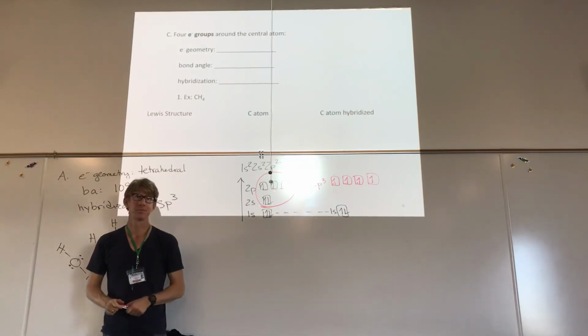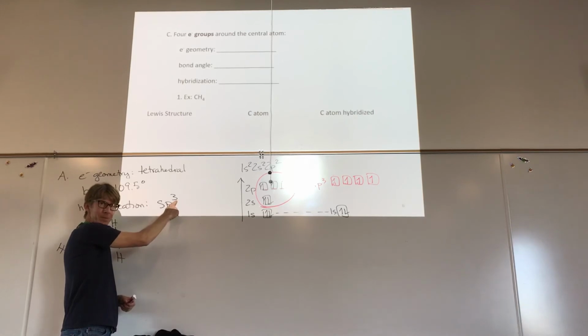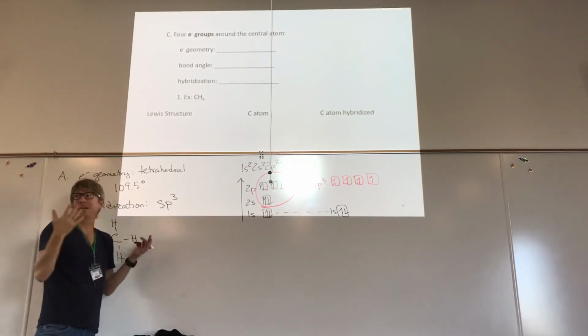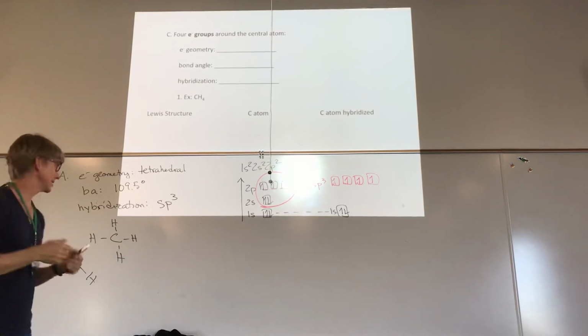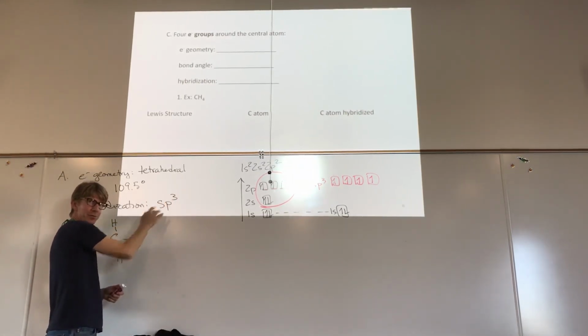Jeff? What's the 3 in sp3? This 3 means 3 hybridized p orbitals. I know, it doesn't mean 3 electrons. I don't make up the notation. It means hybridize the s and all 3 of the p orbitals.